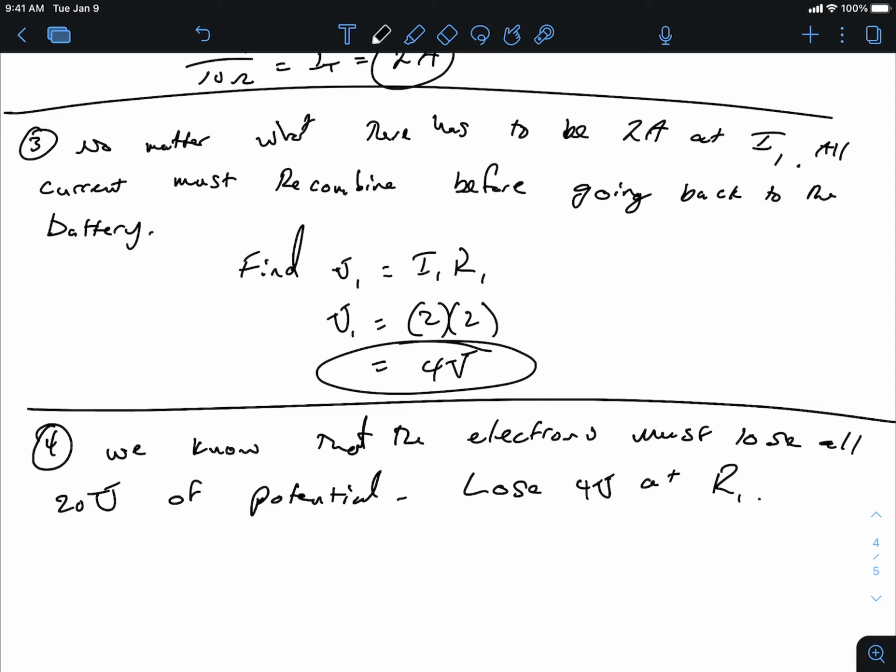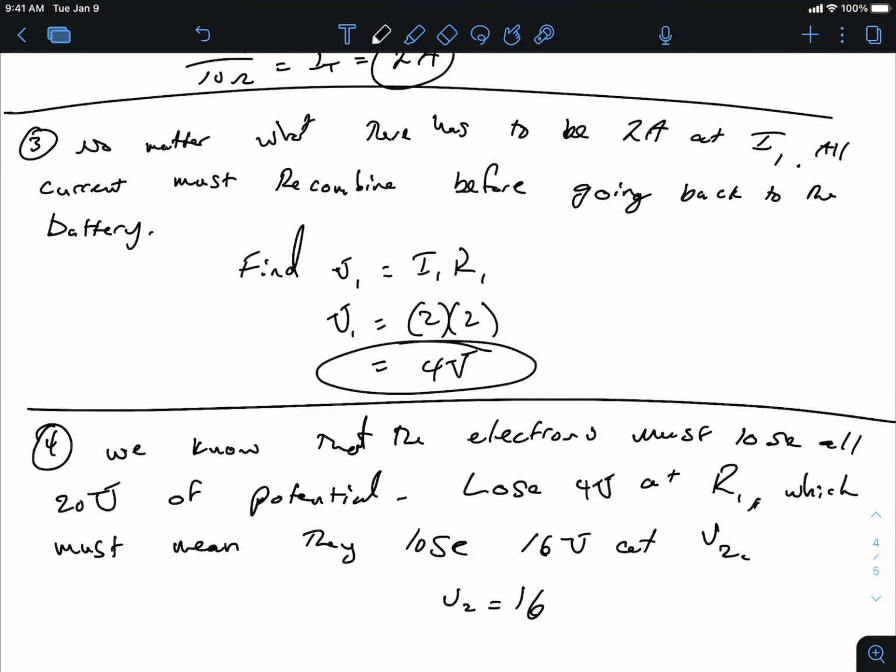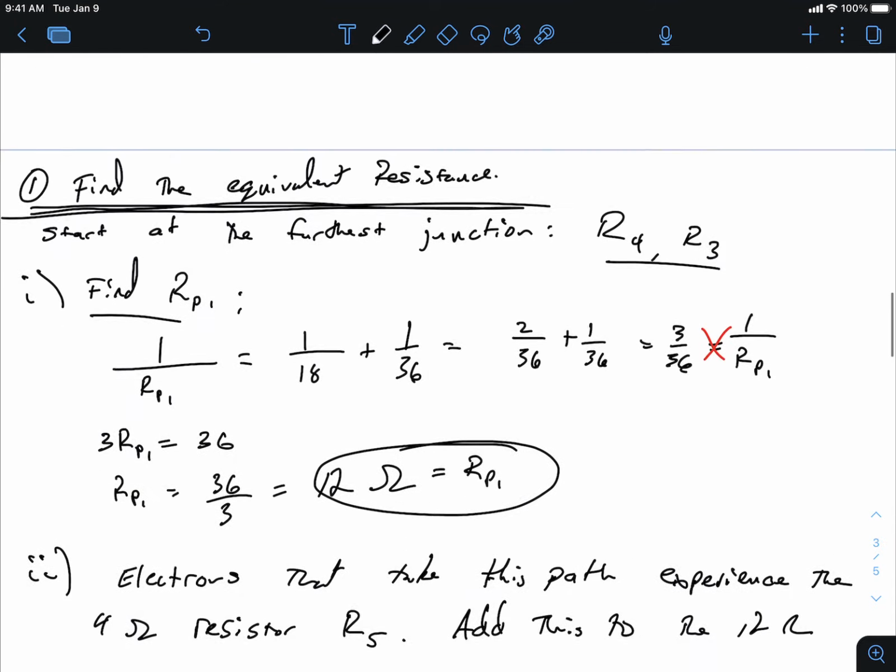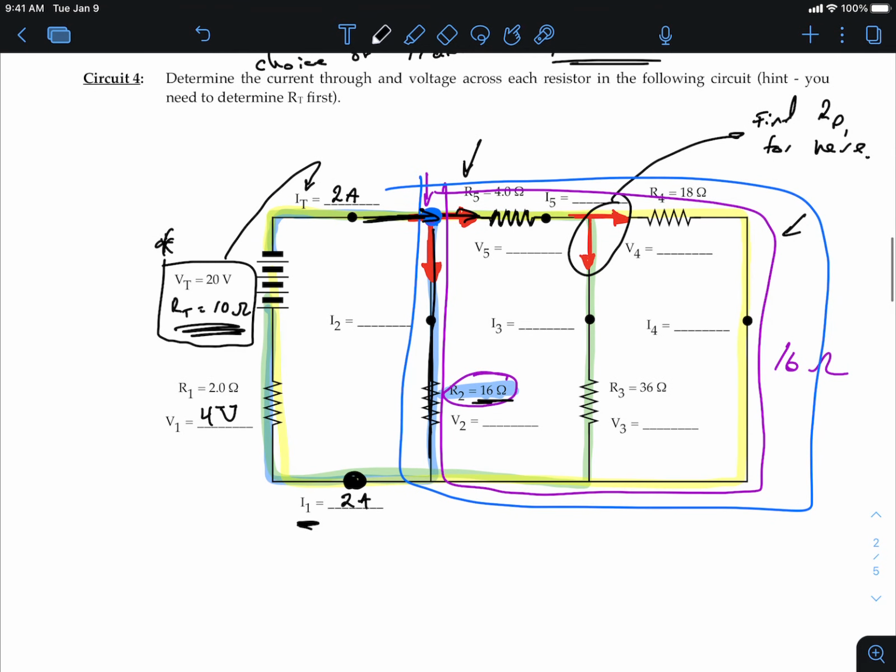We know that to be true, which must mean they lose, and I'll write this down, then we'll go up and look at it, 16 volts at V2. So V2 is equal to 16 volts. How is that true? Well, let's go look. V2 is right here.